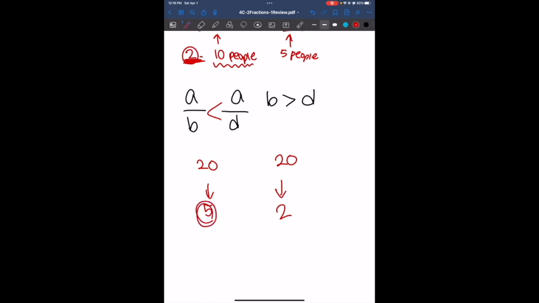This is the number that we're dividing by, so these are the denominators. 20 divided by 5 is 4, so each person is going to receive 4 candies. But when you're only giving it to 2 people, each person is going to receive 10 candies. So when the denominator is smaller, you divide by less, so the result becomes larger.